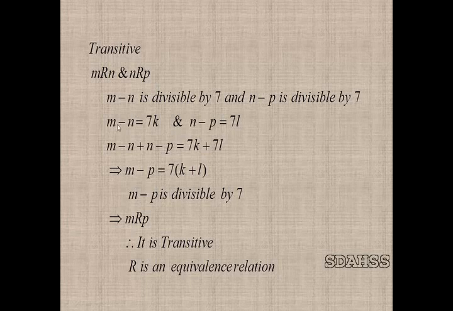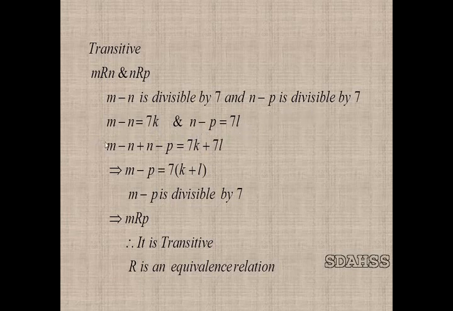We can write m minus n is equal to 7k, where 7k means a multiple of 7. And n minus p is equal to 7l.